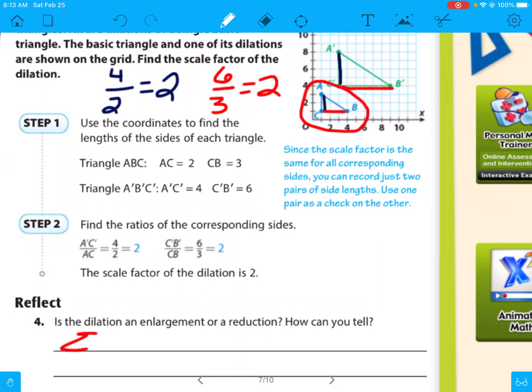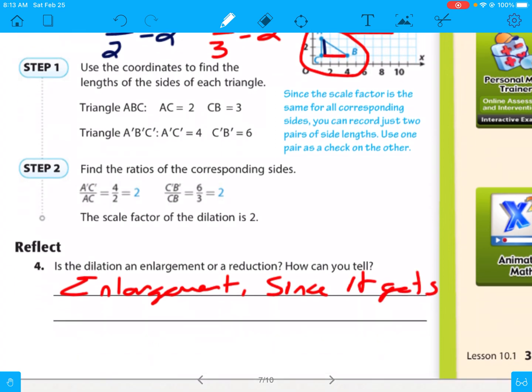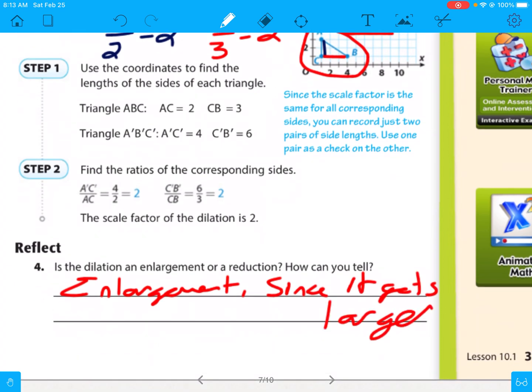So it would be an enlargement since it gets larger. Also, any scale factor greater than 1 will be an enlargement. Any scale factor between 0 and 1 is going to be a reduction.